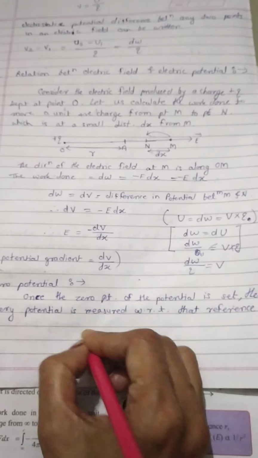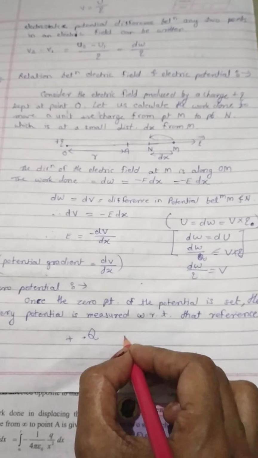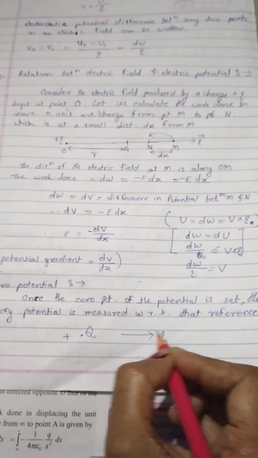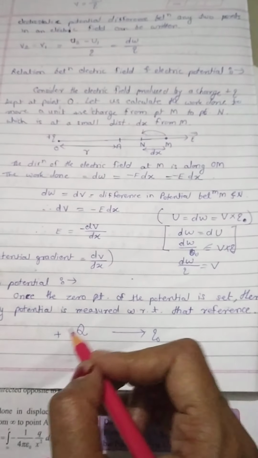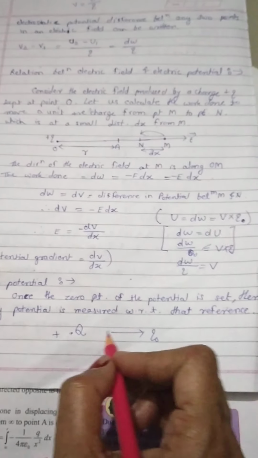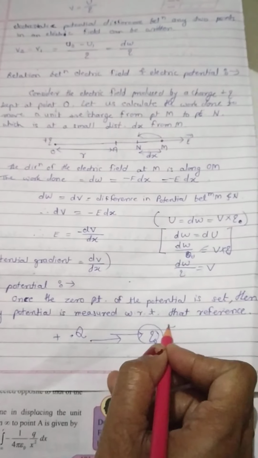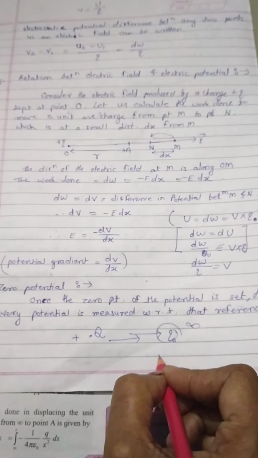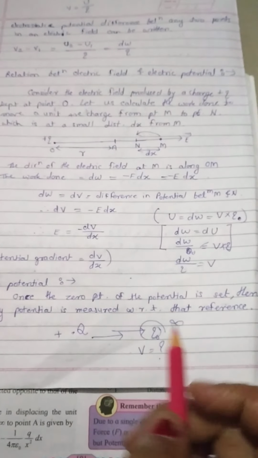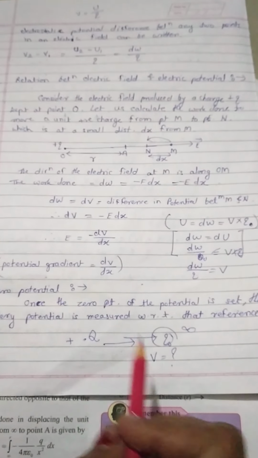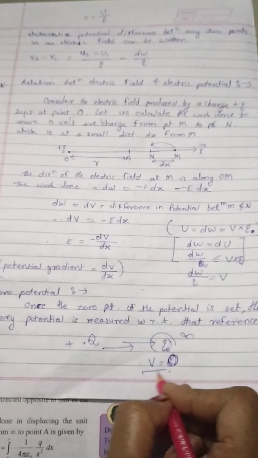Here the source charge, positive Q, is placed, and the test charge is placed at infinity distance from it. There is no force exerted at that point because it is at infinity, so we do not get any potential at infinity. So we say that this is the zero potential, that is, V is equal to 0.